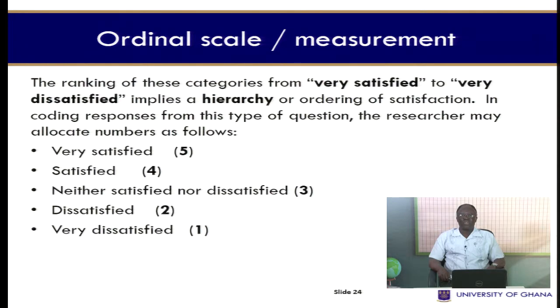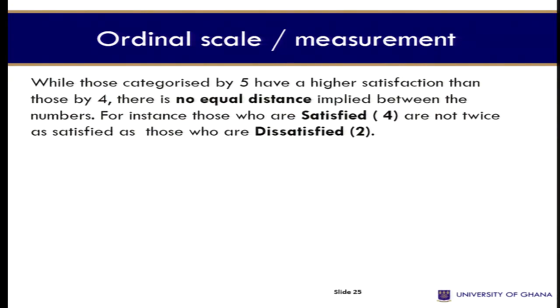When we code the responses, the researcher may allocate numbers as follows: 5 for very satisfied, 4 for satisfied, 3 for neither satisfied nor dissatisfied, 2 for dissatisfied, and 1 for very dissatisfied.